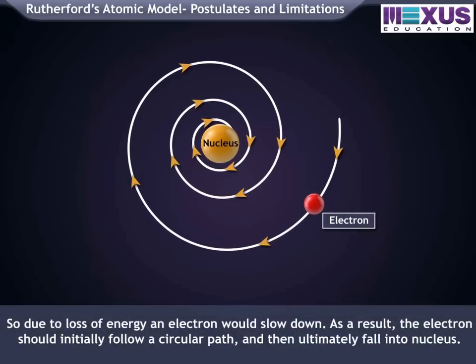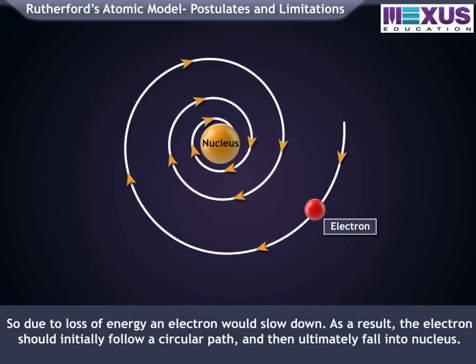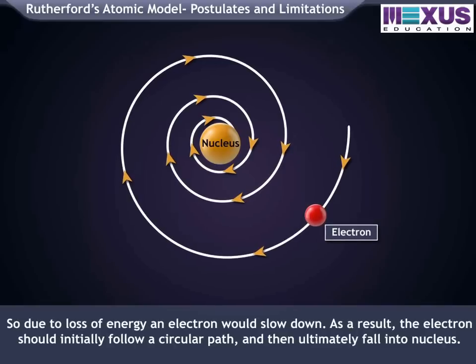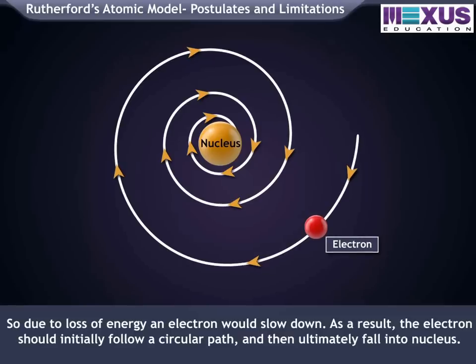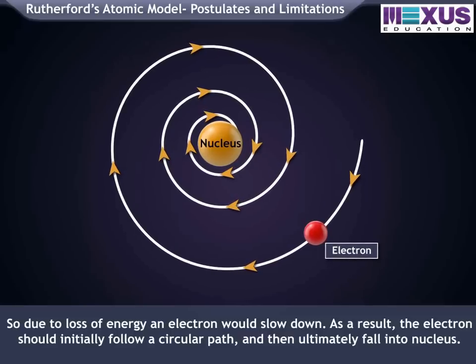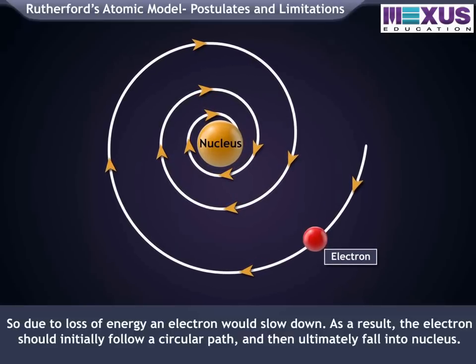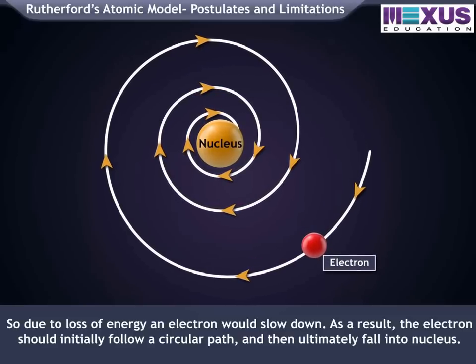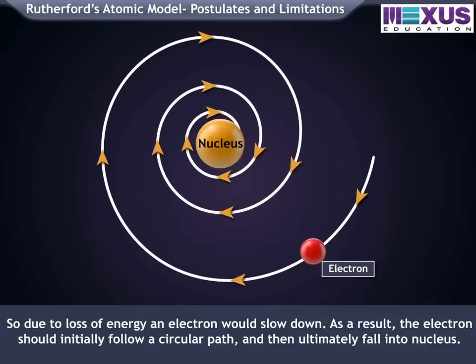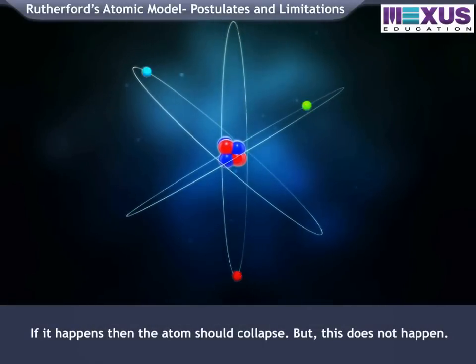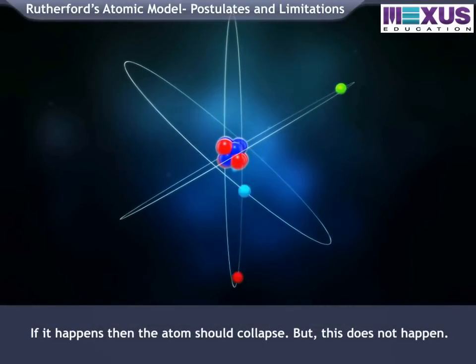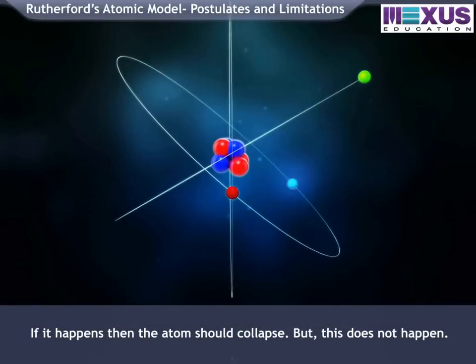So due to loss of energy, an electron would slow down. As a result, the electron should initially follow a circular path and then ultimately fall into the nucleus. If it happens, then the atom should collapse. But this does not happen.